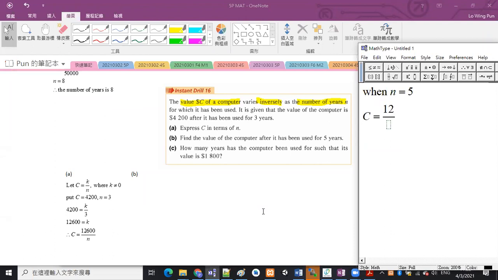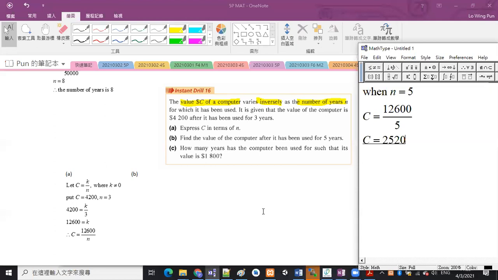C is equal to 12,600 divided by 5. And this is a pure number, so you may use the calculator to find that it should be equal to 2,520.